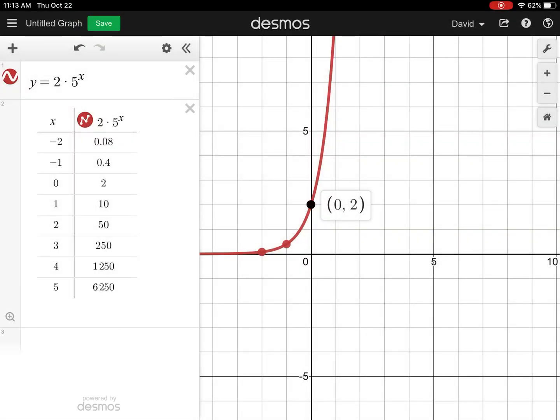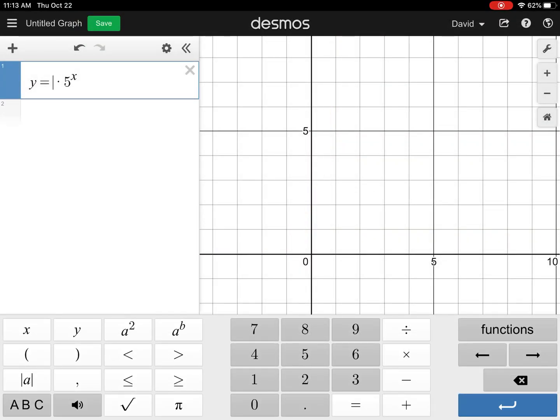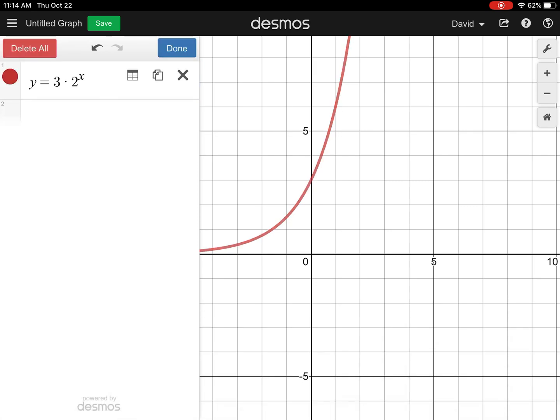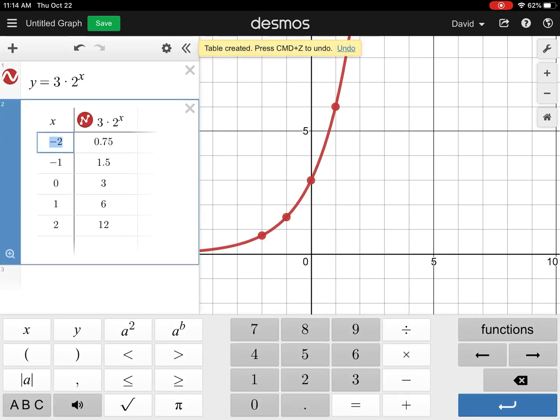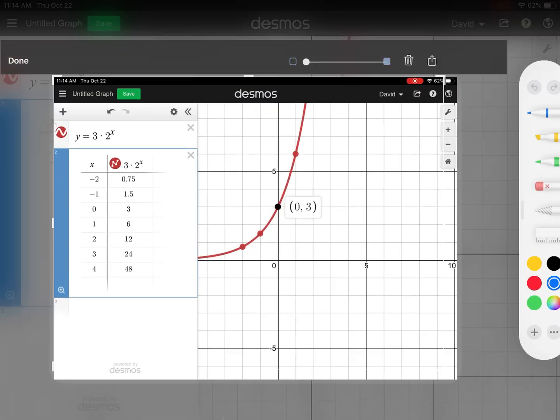And so we could do that one more time. You don't have to write these down, but this is just to get you comfortable with knowing that this is going to work every time. So again, you have this table. You could add more points, but the most important thing is the y-intercept here.